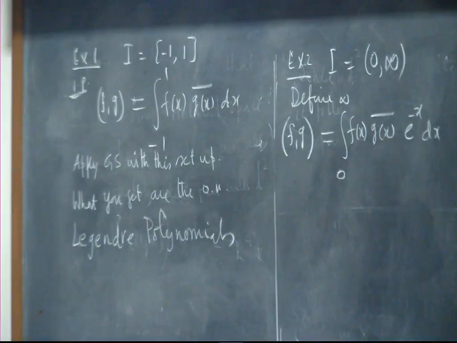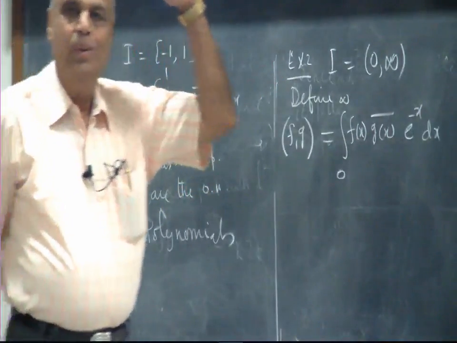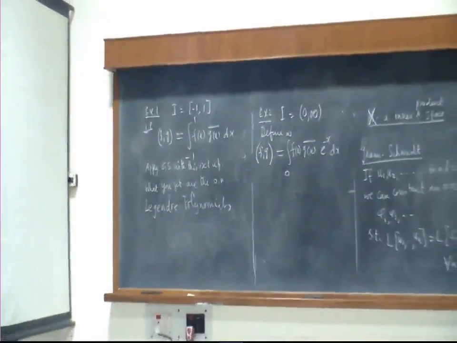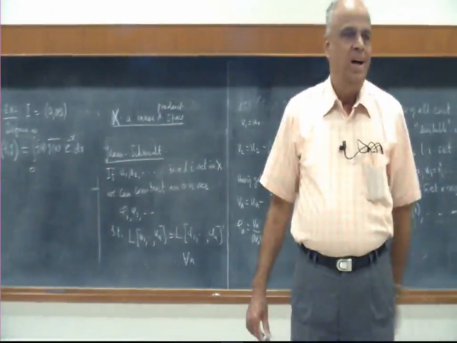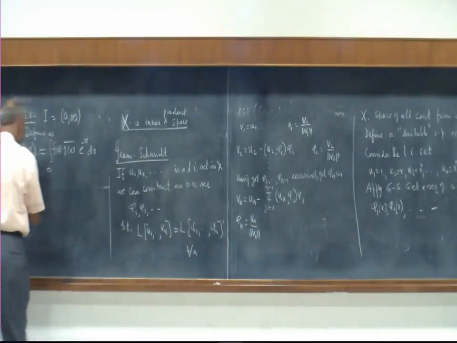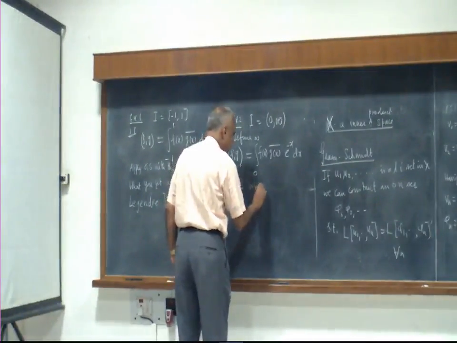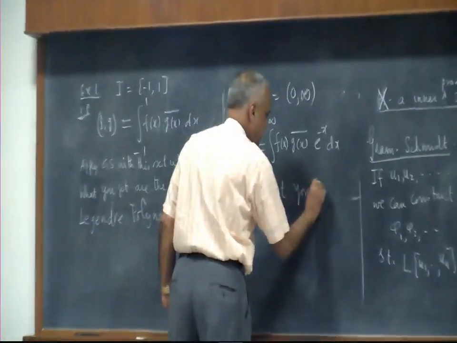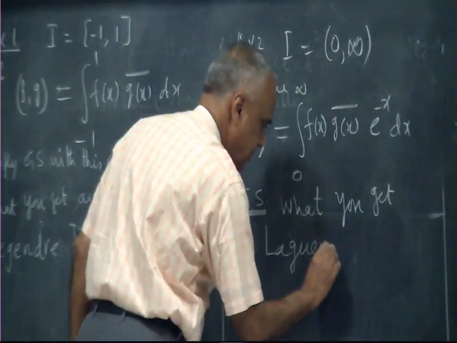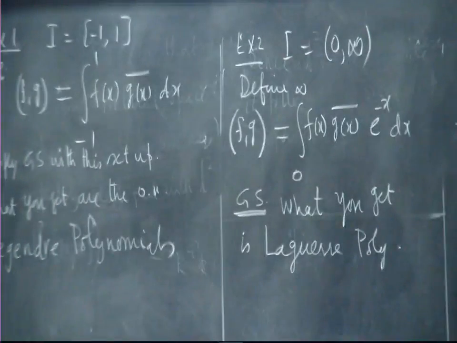Now, everything will be taken care of, because that e to the minus x goes very fast to 0, it will take care of x, x squared, x cubed, x to the power of 4, or any polynomial. And now you do Gram-Schmidt. What you get is the so-called Laguerre polynomials, the orthonormal Laguerre polynomials.